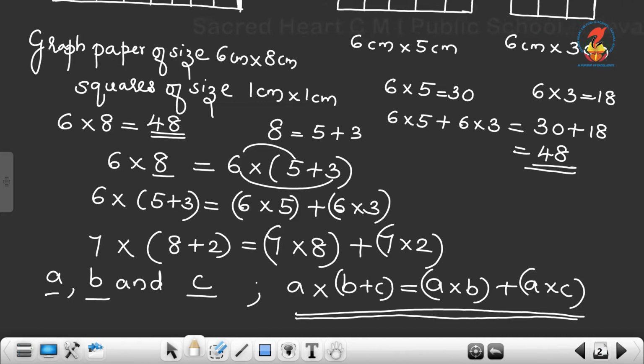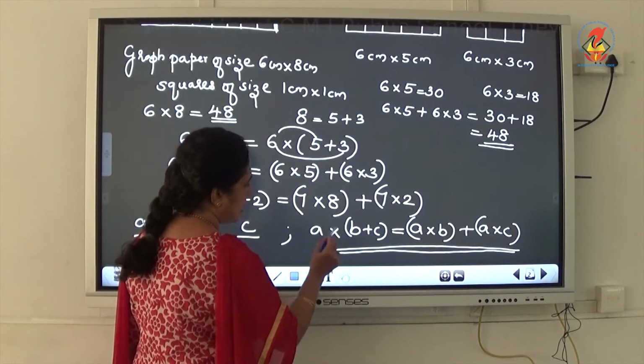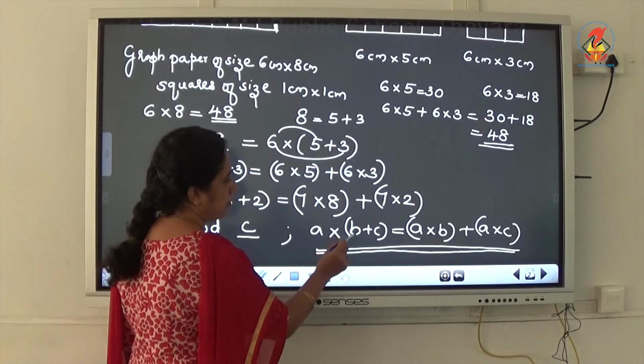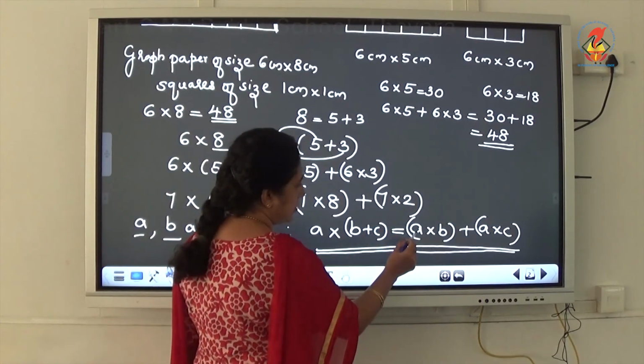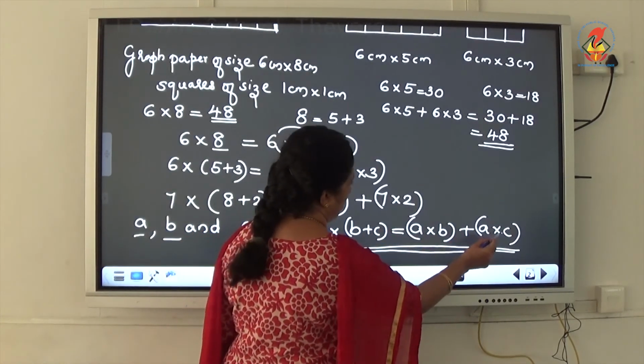We have 3 whole numbers A, B and C. A is outside, therefore A into (B plus C) is equal to A into B plus A into C.